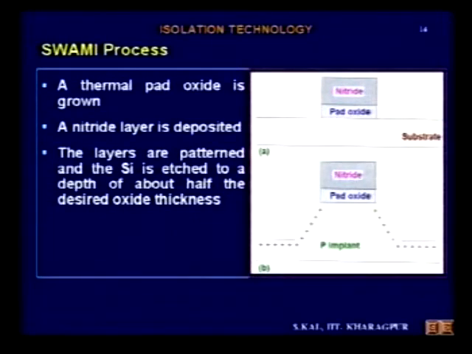Again, one thing is coming. When you want to go for a lithography process, there is a problem with the silicon nitride layer, which may not be ideally compatible with the photoresist process. So sometimes on top of the silicon nitride, silicon dioxide is formed again.